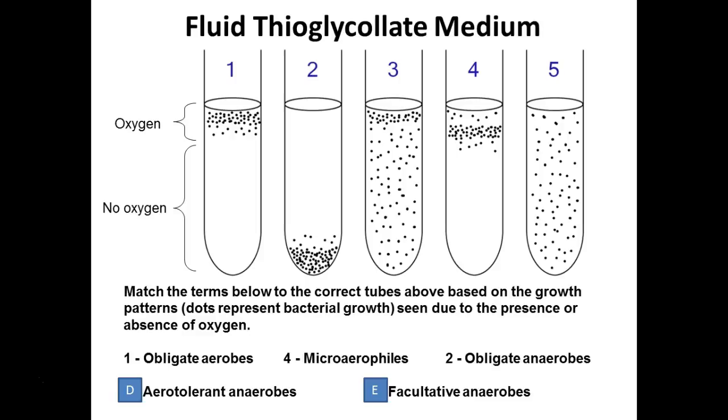So we're down to 3 and 5, right? Do you guys see the difference in the growth patterns in 3 and 5? You see how there's more growth up here, right? Where it's uniform growth for 5. So which one do you think is the aerotolerant anaerobe? 5. Why?